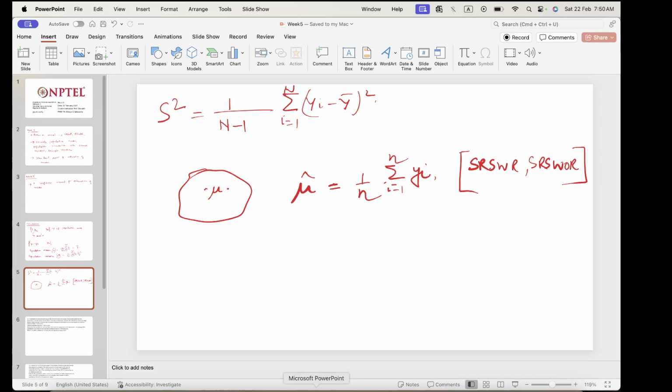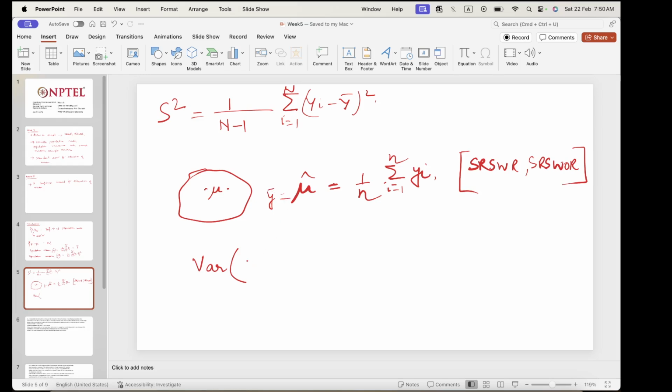So where was I? Yes. This is the estimate of the population mean, calculated with the help of the sample mean. Mu hat, I could also call it y bar.